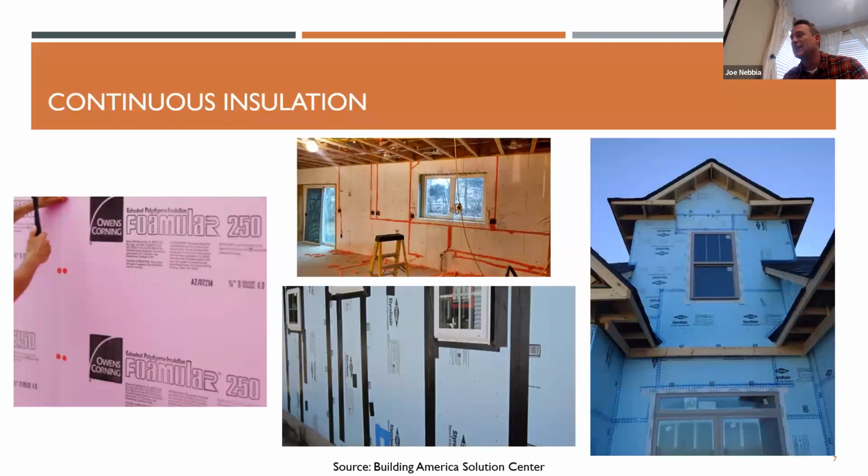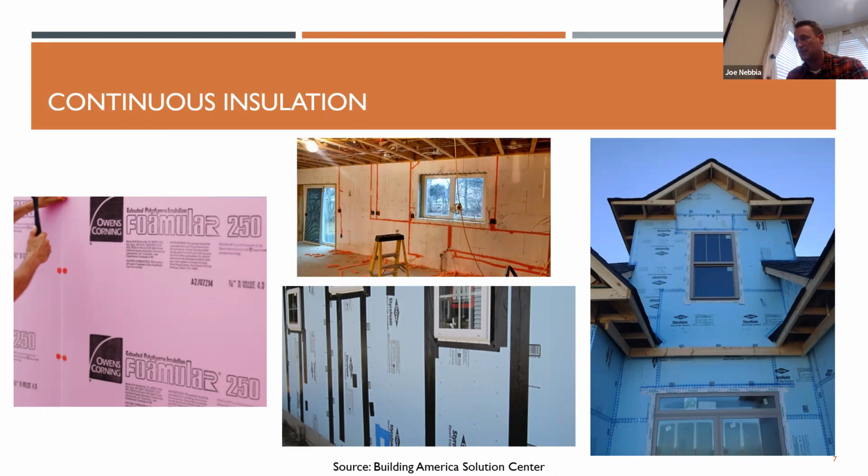Here's my slide on continuous insulation. It's supposed to be reversed there. Continuous insulation, according to the code, is insulation that's not interrupted by framing. So the idea, in most cases, it is an exterior insulation, rigid foam, something like that, that's installed on the exterior face of the studs and provides that continuous level of insulation that's uninterrupted by framing.